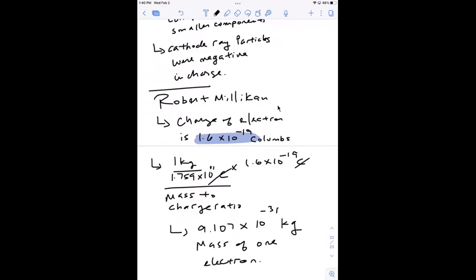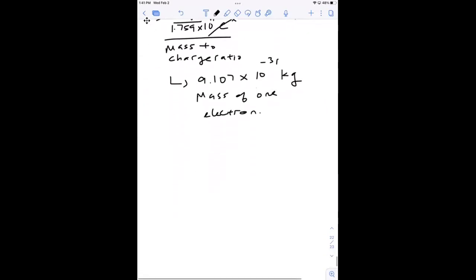And again, this is all groundbreaking information, all new information. So with that, now we know about the electron and how the electron was eventually discovered and what the charge is on the electron and what the mass of an electron is based on the work of Millikan and based on the work of Thompson and many other scientists who were working in this area. So with that being said, let's talk about the proton.